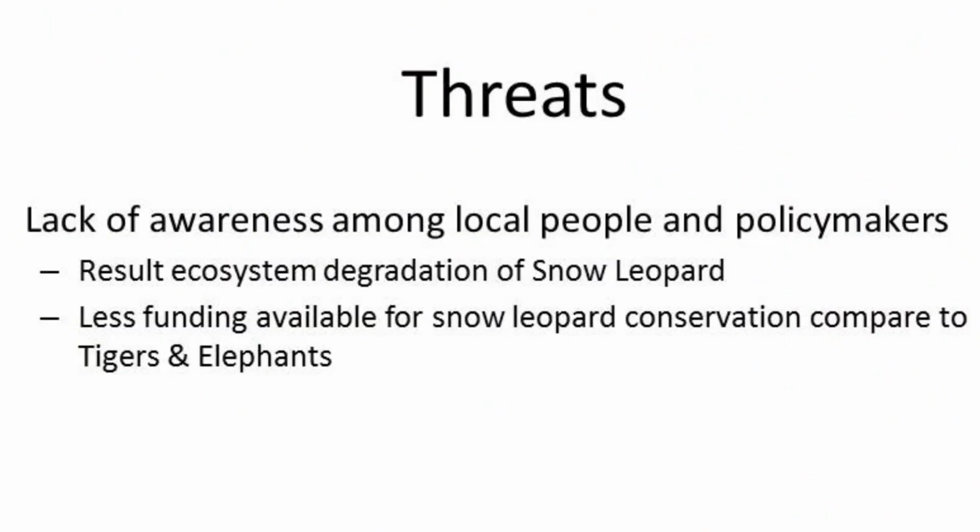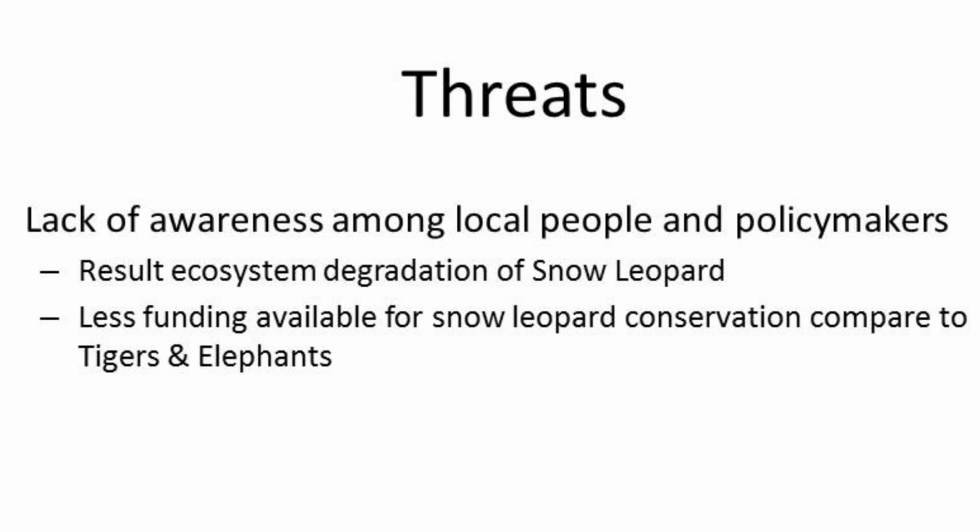This is true at all levels of society, within and outside the snow leopard range countries, from local people to leaders of the government and from the private sector to the general public. Globally, snow leopards are less well known than other animals such as the tiger and elephant. As a result, less funding has been available for snow leopard conservation.